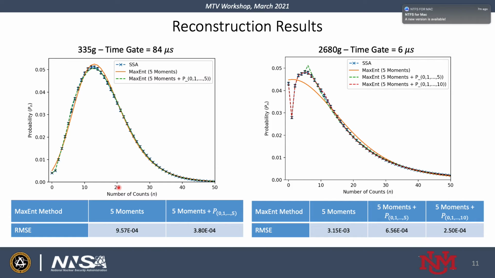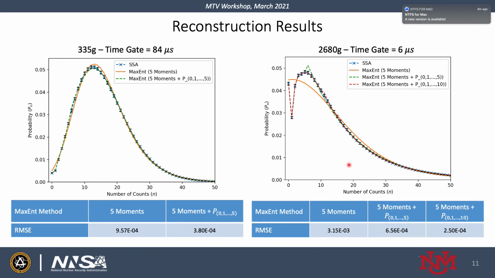But how about scenarios where they don't? And that's what we show here for the 2680 gram sample simulated over a 6 microsecond time gate. You see the moment-only maximum entropy reconstruction fails to capture the low order counts. And by including those points as constraints with as little as 6 points, so that's 0 through 5, we already see a drastic increase in accuracy.